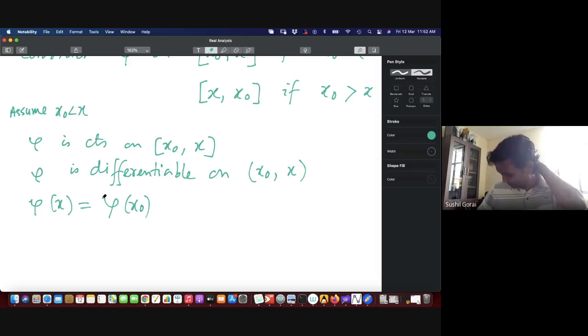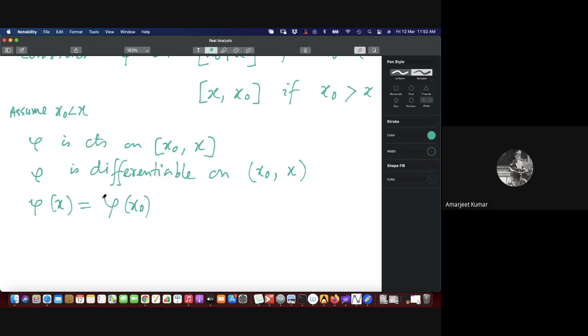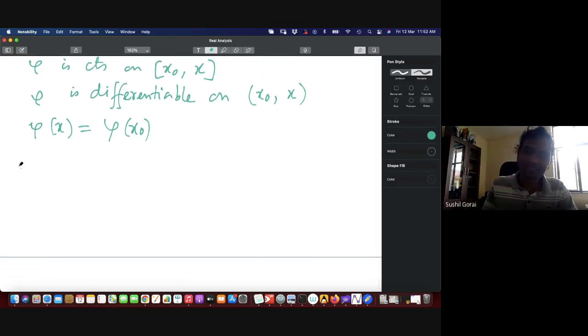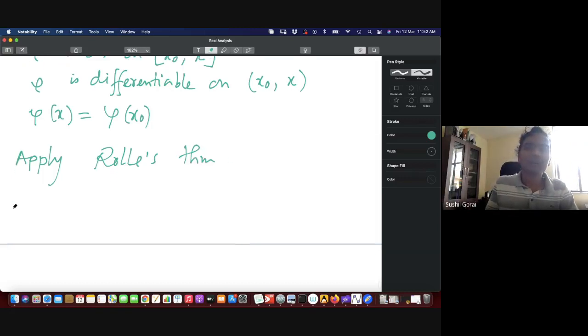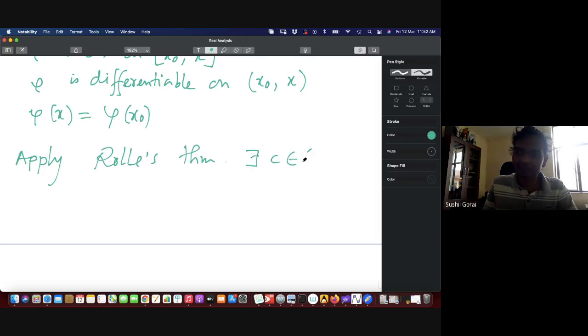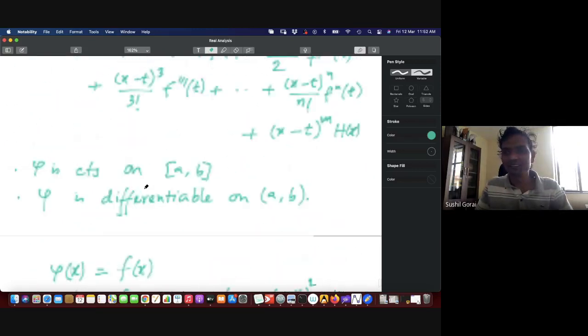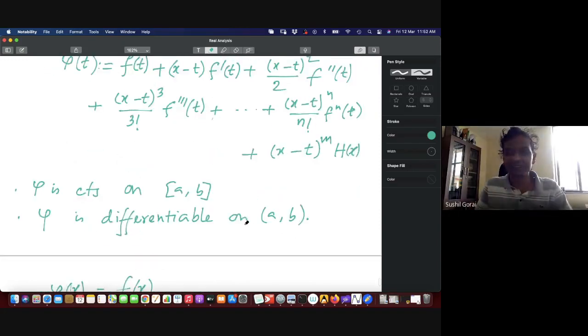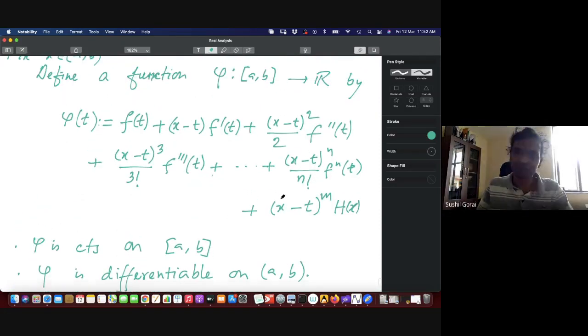Which theorem to use? Rolle's theorem. Yeah, apply Rolle's theorem. There exists c in (x naught, x) such that phi prime c is 0. Yeah, this is important, to have h of x here instead of h of t. Otherwise, you will have the derivative of h, which we do not want.